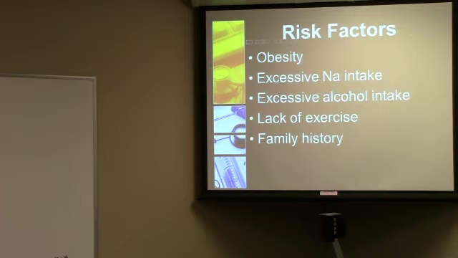Hypertension is one of those that tends to run in families. So for example, if you have a patient who has a history of cardiovascular disease or has a history of hypertension, you may treat that patient a little more aggressively than you would a patient who does not have a family history.